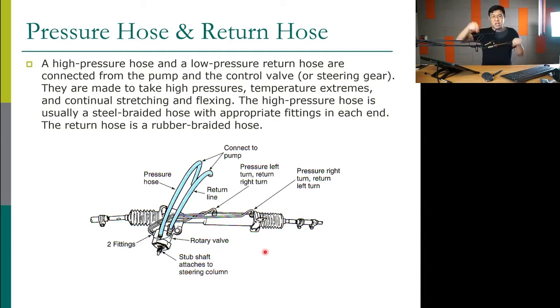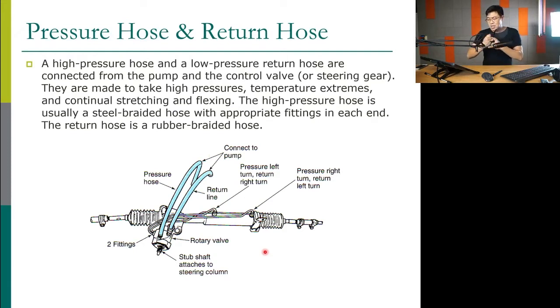It's stretching and flexing all the time, because we need power for a very short time and then we stop the power. So when we turn the steering wheel, we need power, so the hydraulic pressure goes out, and after we stop turning the steering wheel, the hydraulic pressure stops.